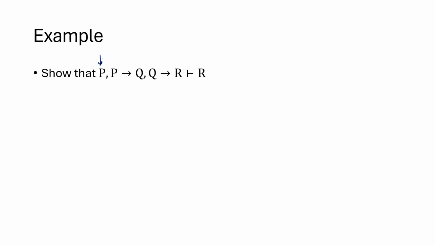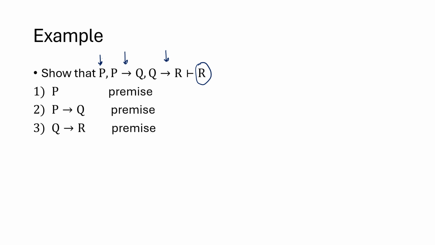The first one is P, the second one is if P then Q, and then the third one is if Q then R. So these are my premises, and my conclusion is simply R. So I want to show that R can be inferred from these three formulas. So again, same algorithm. We start by listing our premises. So the first premise is P, second premise is P implies Q, and then Q implies R. Now, my goal is to reach R.